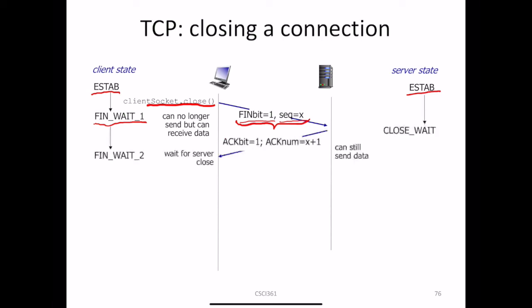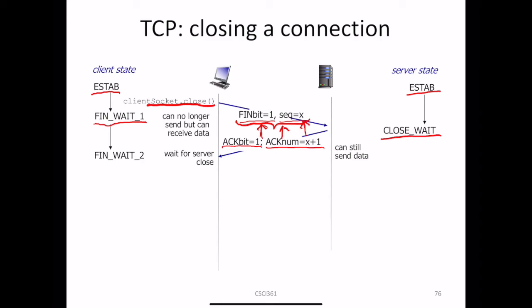On the server side, when it receives this segment, the server state will change to close wait state, and then the server will send an ACK acknowledgement for this segment, setting the ACK bit to 1, and the ACK number is the sequence number plus 1.